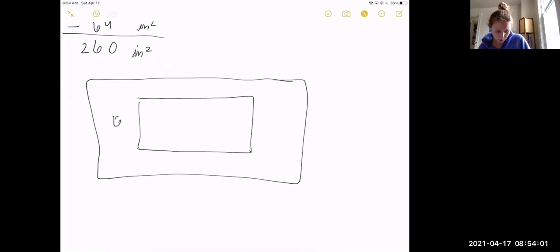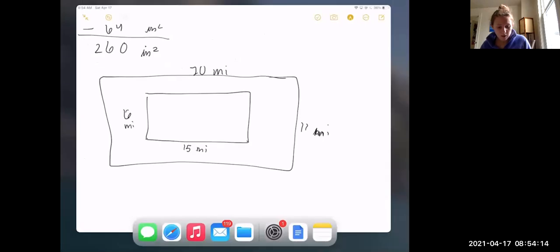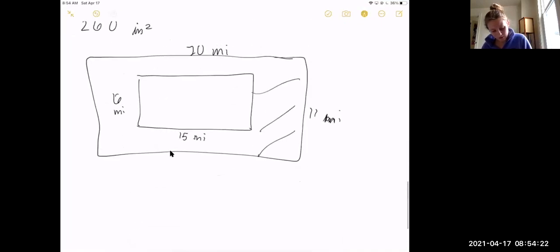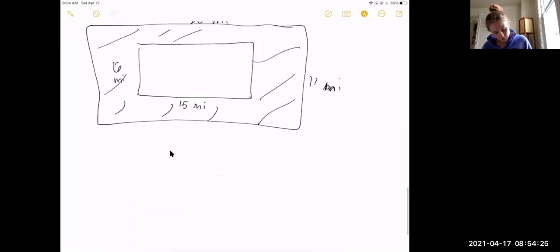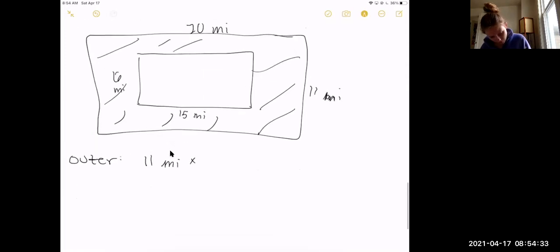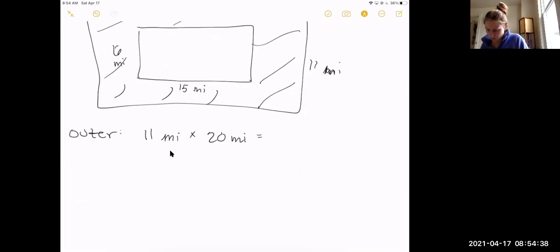Okay, so we have 15 miles, 11 miles, and 20 miles. Again, this outer region. We have the outer, which is 20 miles times 11 miles, which gives us 220.